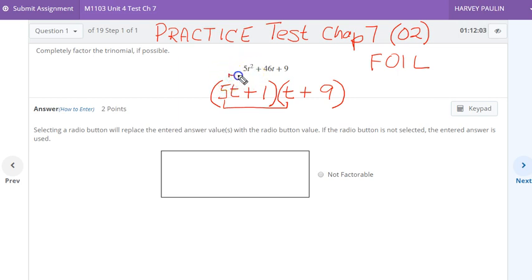When we do our outers, that's a 45t. Our inners, a 1t. And then our last, a 9, and it checks out. So there's our first one.